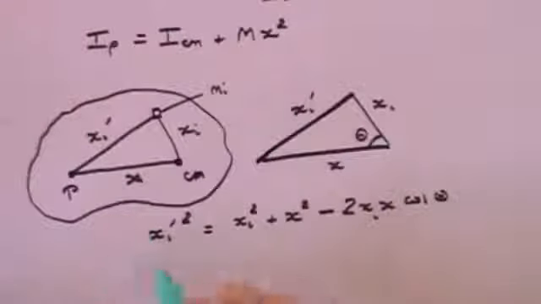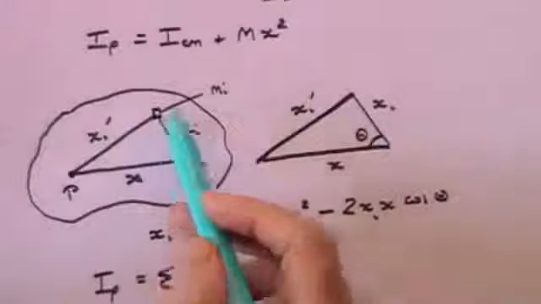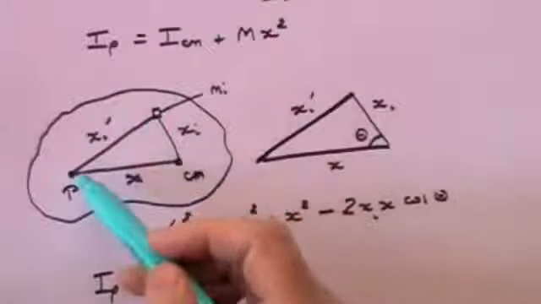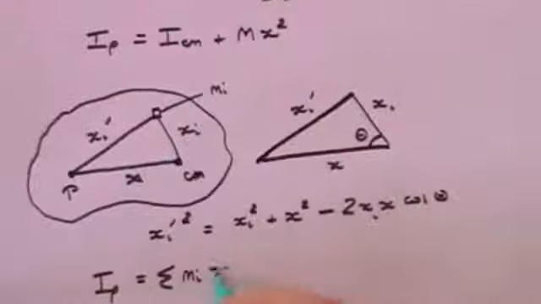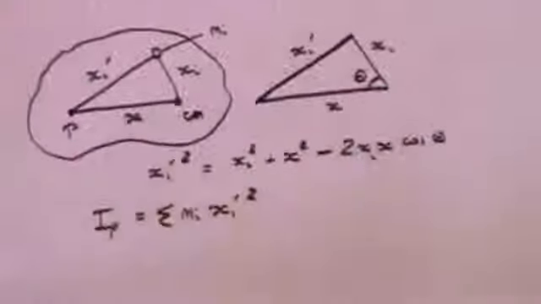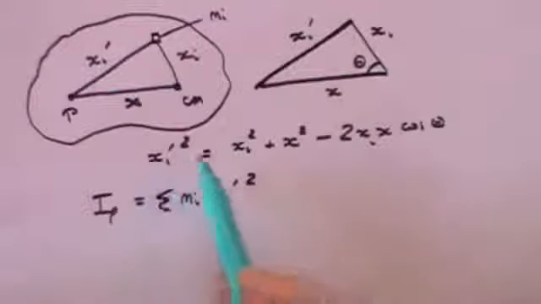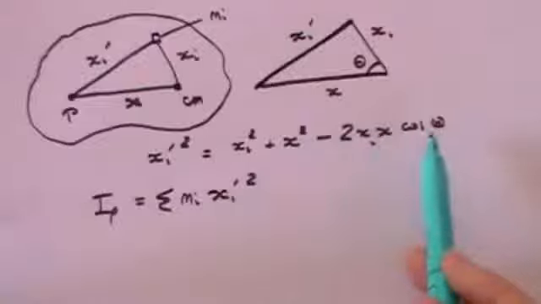Now, the moment of inertia about point P is going to be the sum of all of these little elements, mi, times their distance from the point P, which is xi prime squared. But xi prime squared can be substituted by this term here.